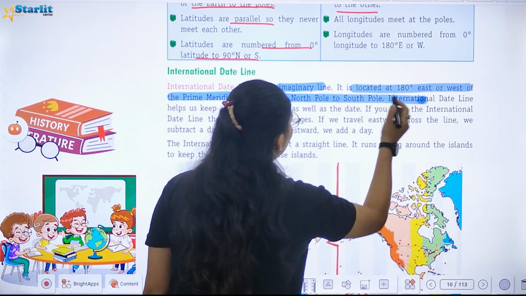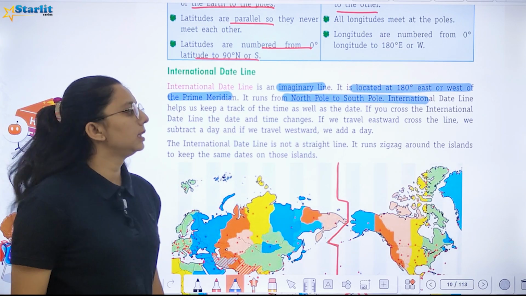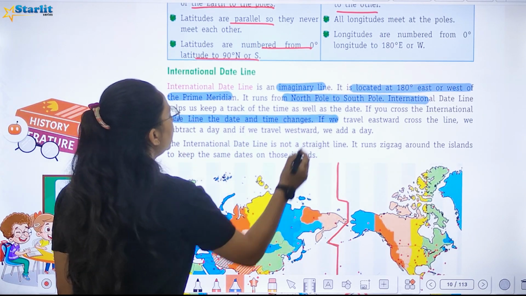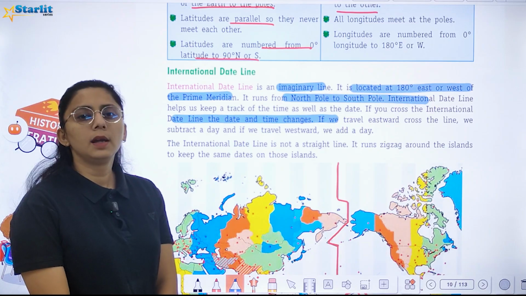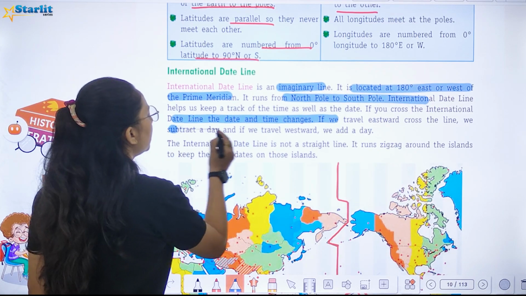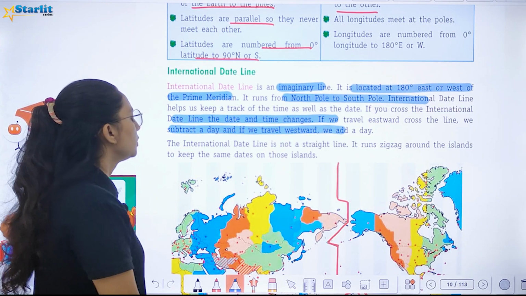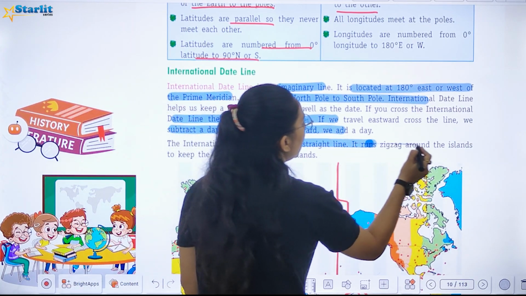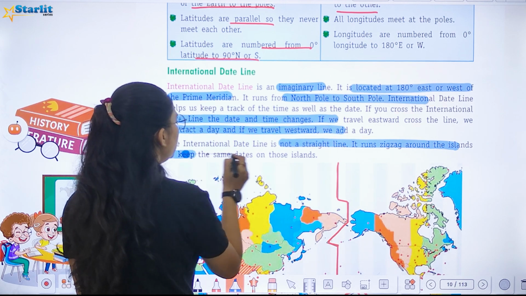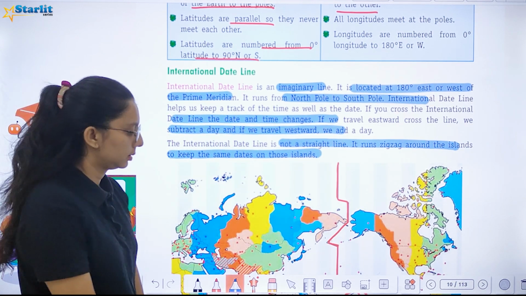It runs from the North Pole to the South Pole. You can keep track of the time as well as the date. If you cross the international date line, the date and time change. If we travel eastward and cross the line, we subtract a day, and if we travel westward, we add a day. So the international date line is not a straight line. It runs zigzag around islands to keep the same date on those islands.